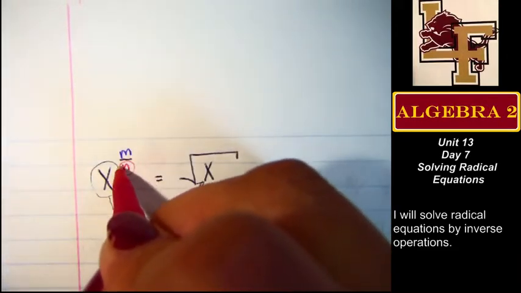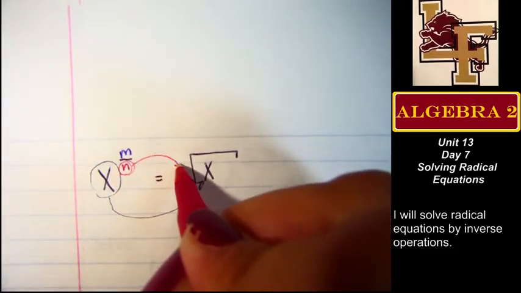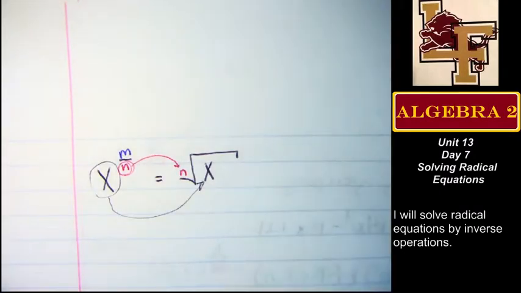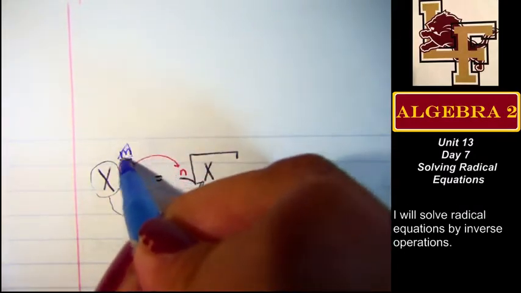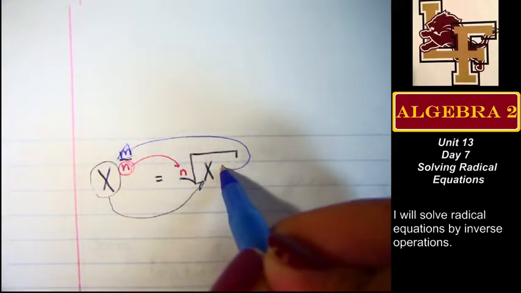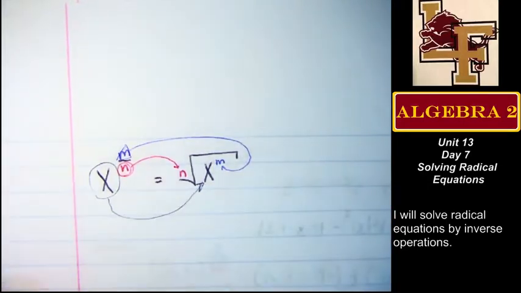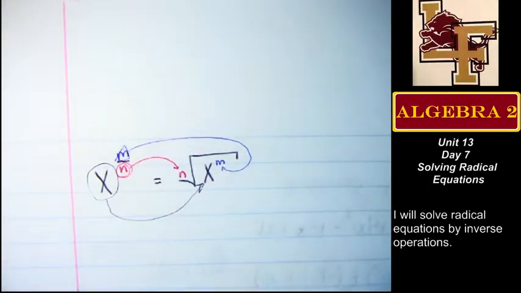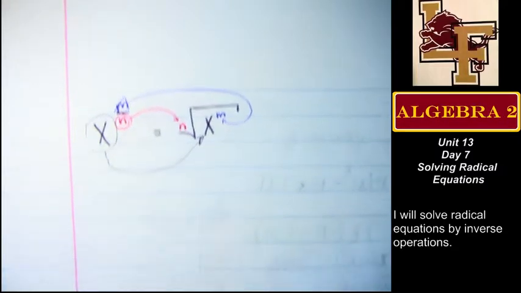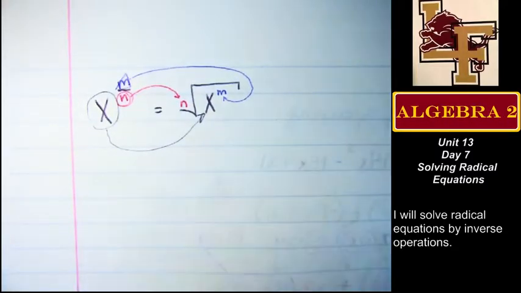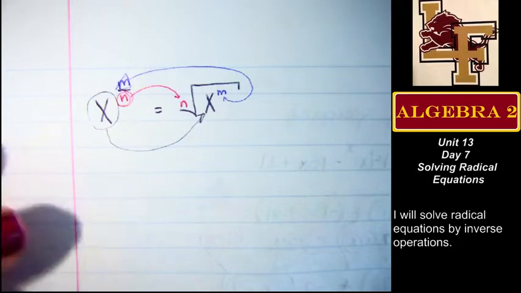The denominator of our exponent becomes our index, and the numerator of our power becomes the exponent of the radicand. So the 3 would be the index and the 7 would be the exponent? Yes. Let's practice this one before we jump into 8, because 8's a little complicated.